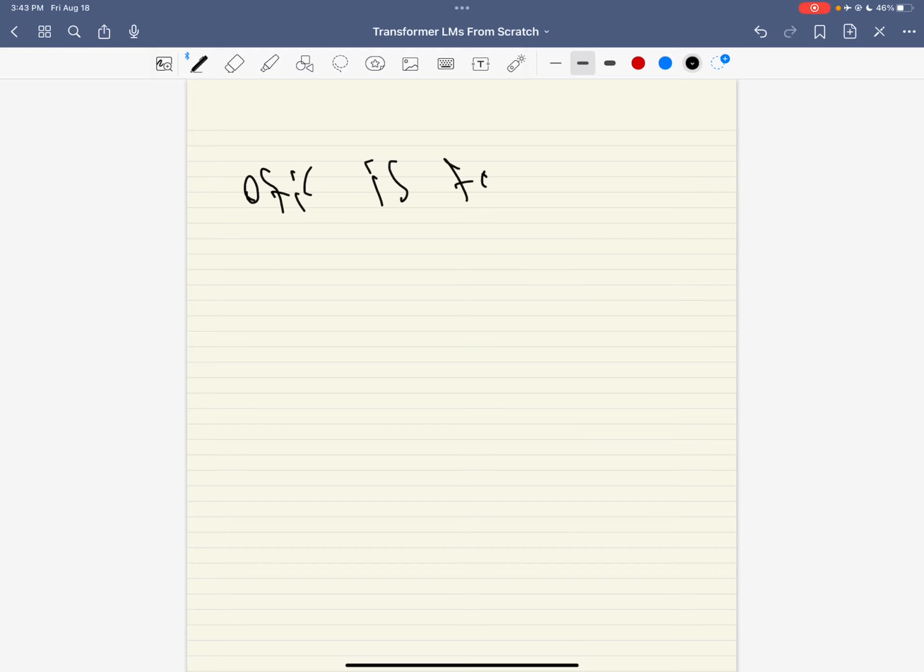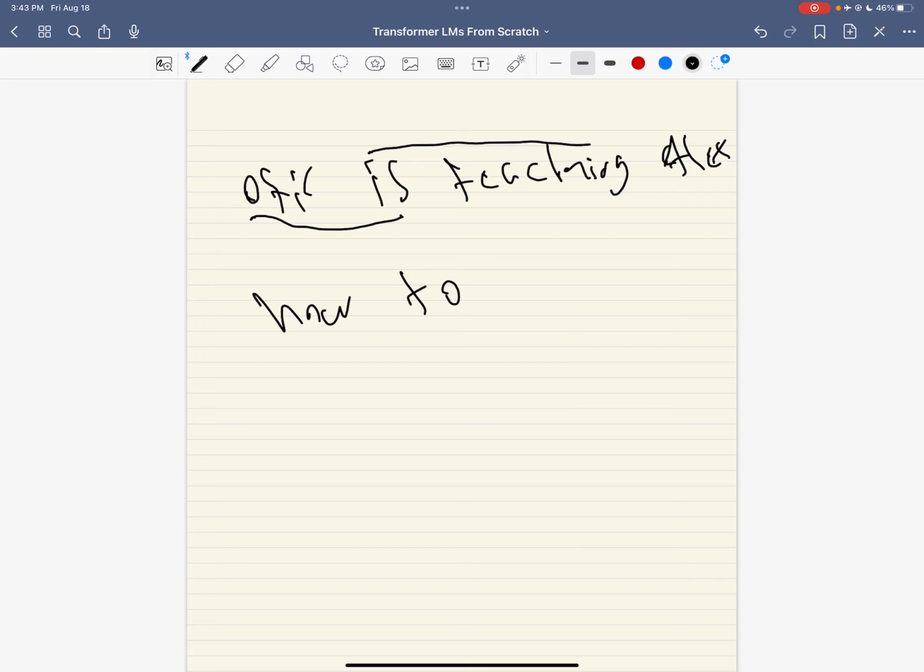Ophir is teaching Alex how to. You made training examples from these long strings. So when I input Ophir, I want you to output is. When I input is, I want you to output teaching. When I input teaching, I want you to output Alex. When I input Alex, I want you to output how to. So just millions or billions of these examples from these unlabeled documents.